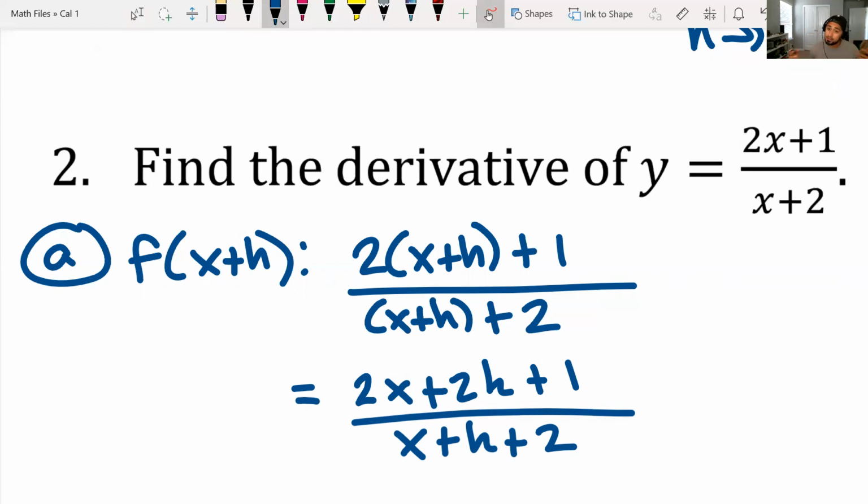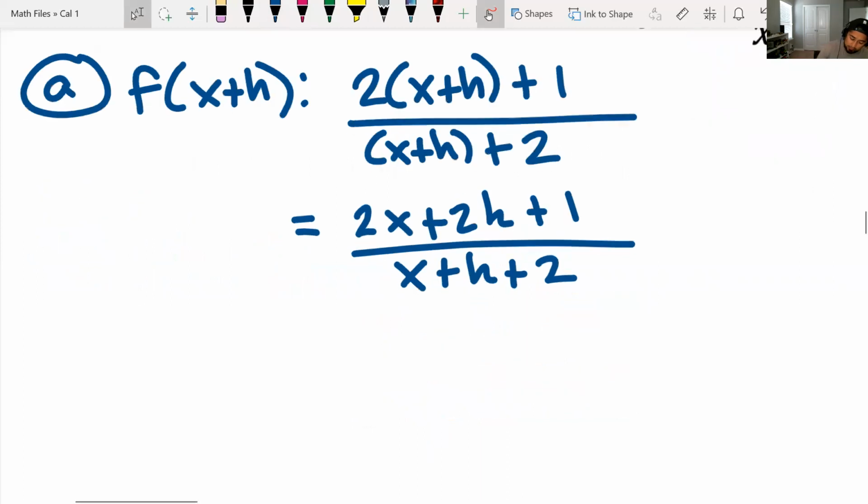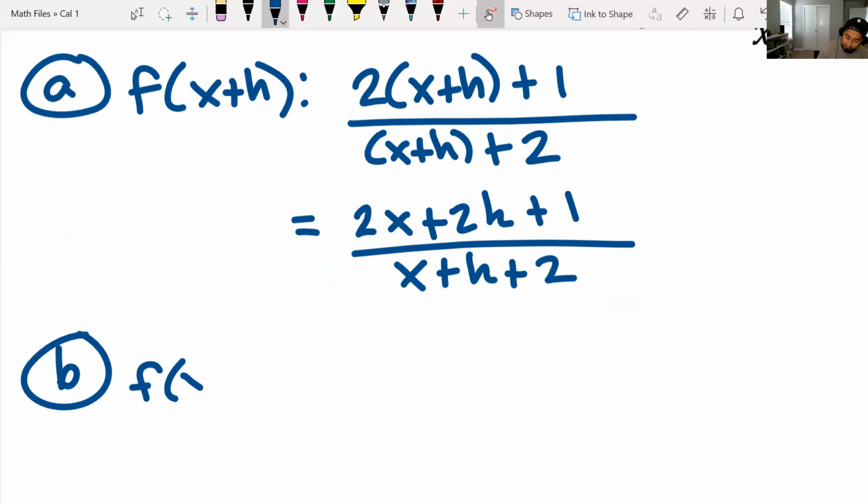Okay, now we move on to step B. Subtract the original function. All right. So B. F of x plus h minus f of x.